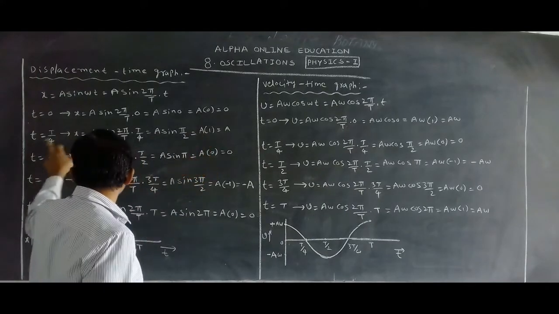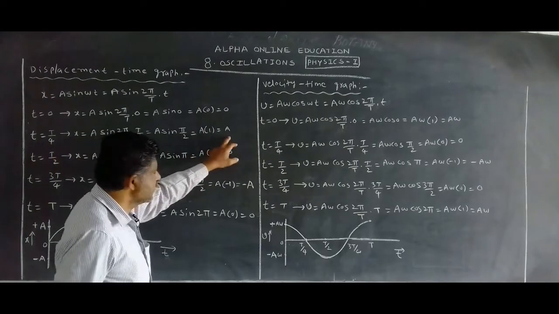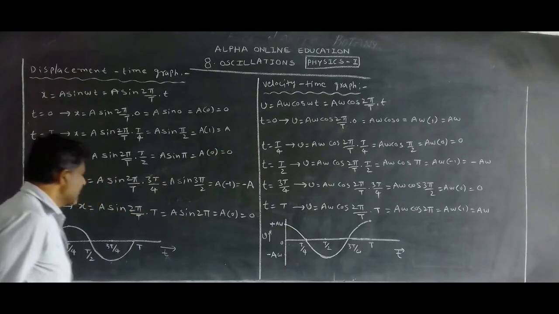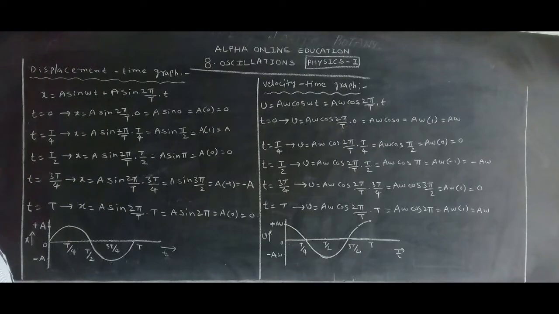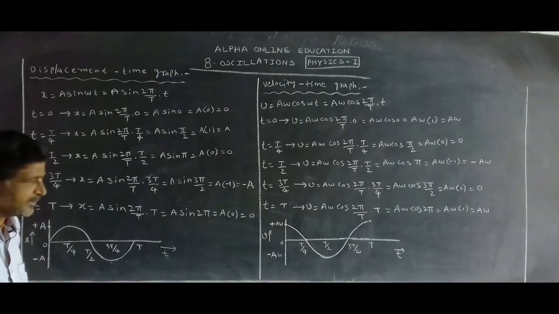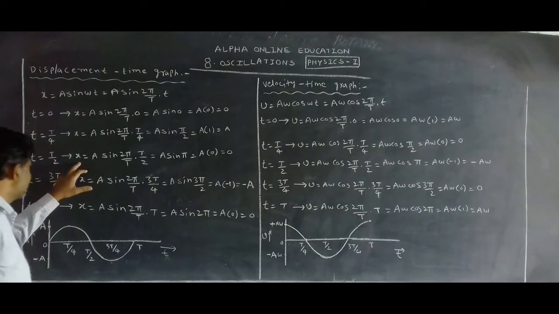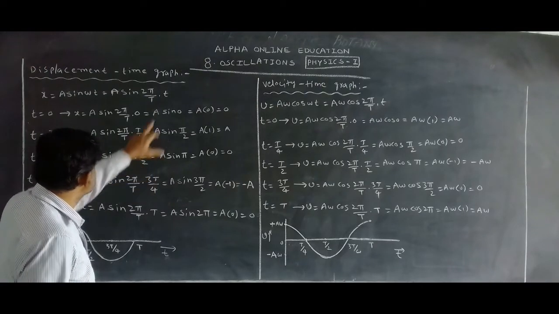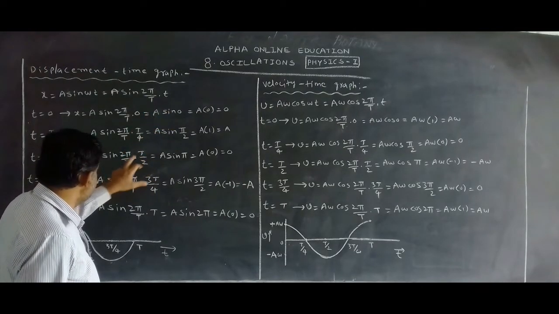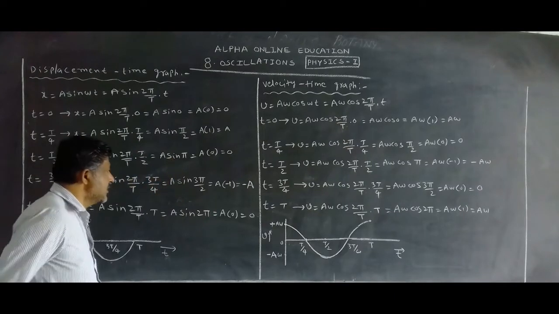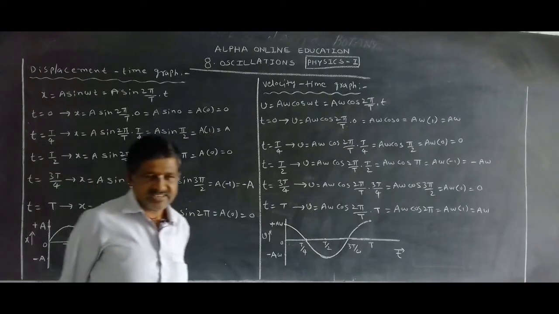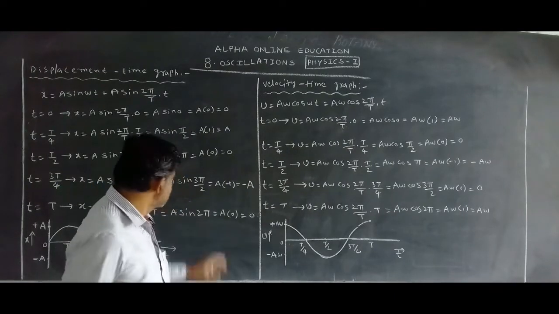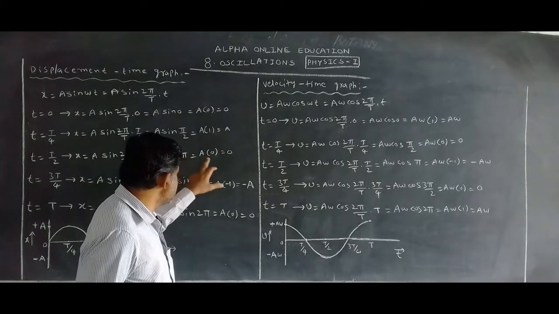That's why x is equal to A. Then after that, t is equal to T by 2, half of the time period. What we get: x is equal to A sin(2 pi by T into T by 2). T cancels, sin pi. Sin pi means sin 180. Sin 180 or sin pi is 0.